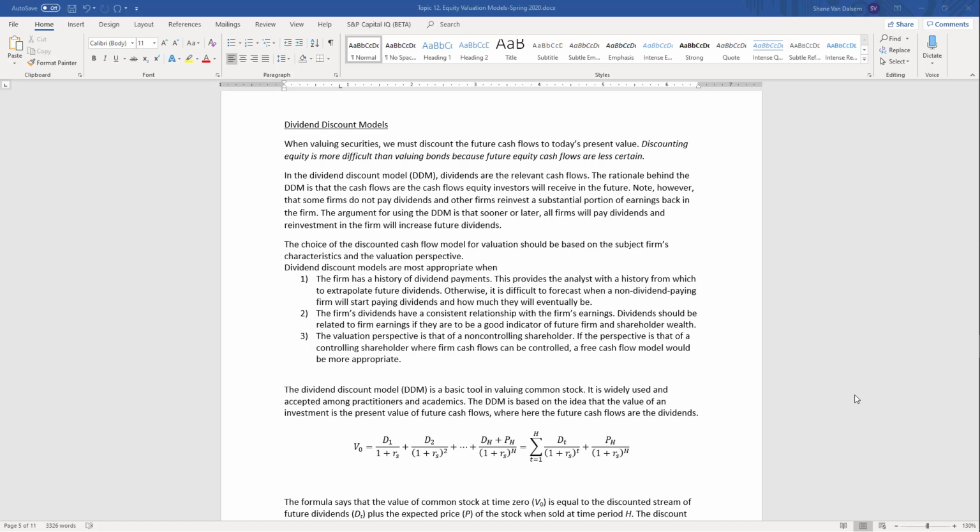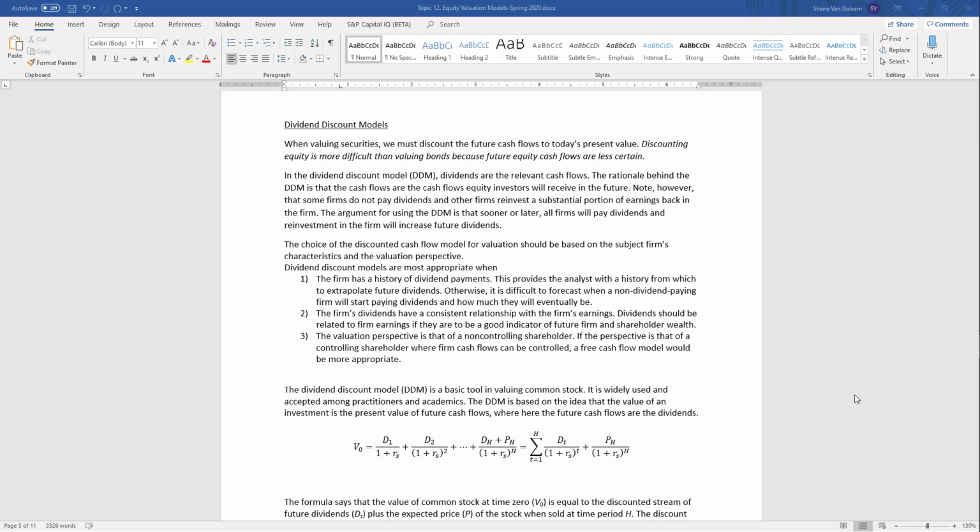We'll specifically work examples with dividend discount models and the free cash flow to the firm models. Free cash flow to the equity holders is very similar. It's not used as much, and we'll talk a little bit about when you would use one model instead of another. Okay, so let's start with dividend discount models.